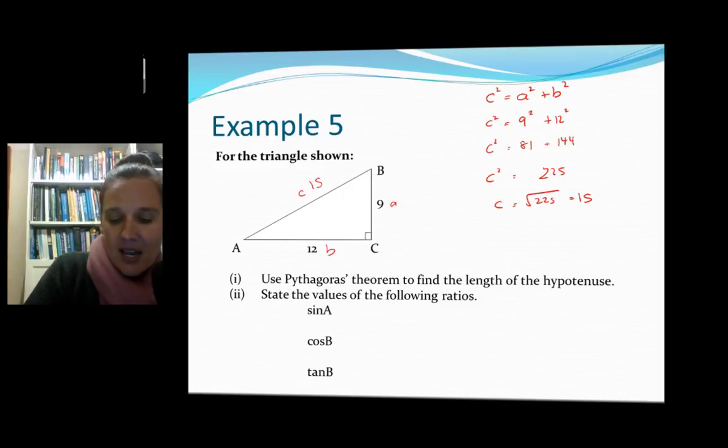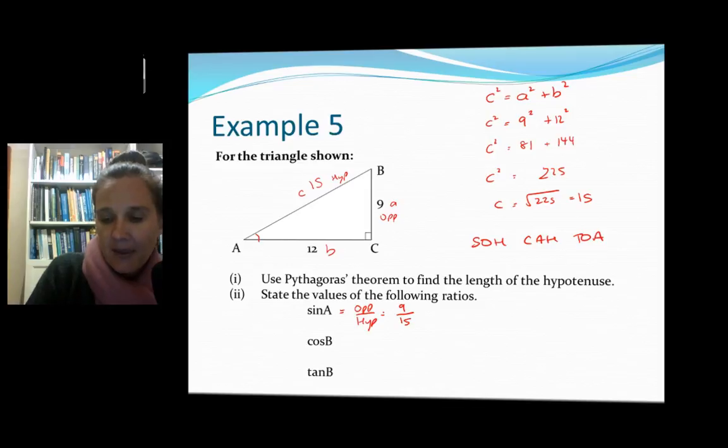Now our sine of A. Remember SOH CAH TOA. Sine of A, this is our angle A, is opposite divided by hypotenuse, here 9 on 15. Our cosine of B: now we're looking at angle B. Cosine is adjacent divided by hypotenuse.